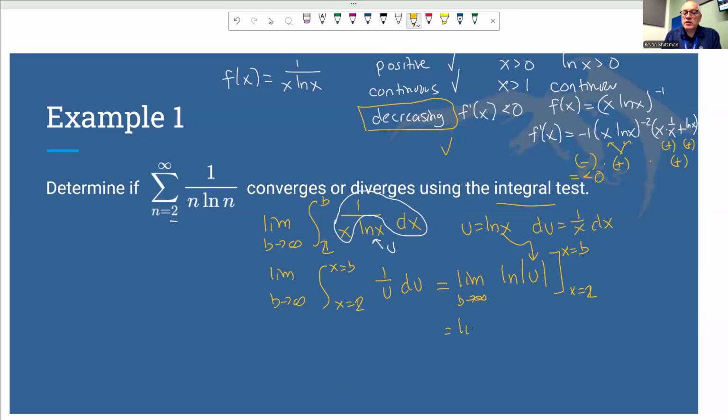So we get the limit as b goes to infinity of the natural log of natural log of x. All right, as b goes to infinity, this is a constant.